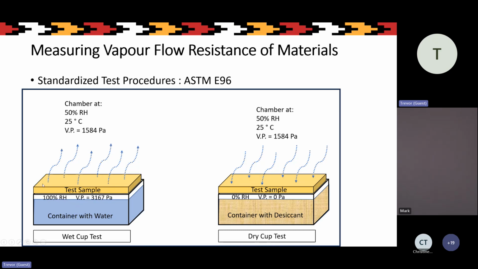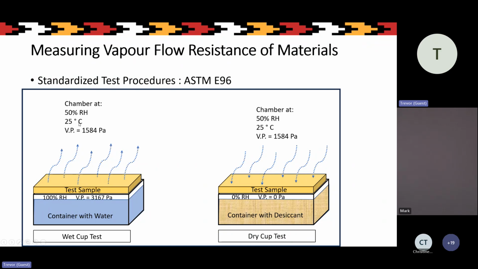But essentially, once this sample is sealed to this container, you're going to end up with a 100% relative humidity condition right above the water and right below the test sample. Then we place that sample into a test chamber that has standardized conditions. Typically, that's 50% RH, 25 degrees Celsius.